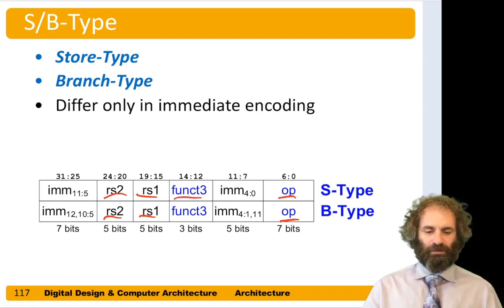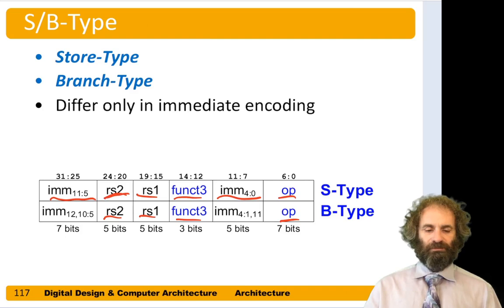They also have the funct3, like all the other instructions we've seen. They take a 12-bit immediate. For an S-type, the immediate has the bottom 5 bits here and the upper 7 bits here. And the reason that we couldn't put them all in a row like an I-type is we needed this second source.